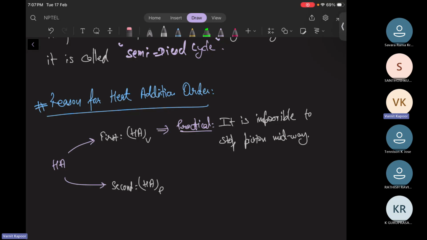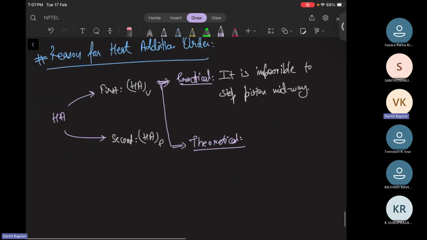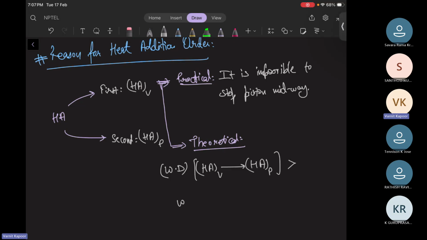In theoretical terms, the work done for heat addition at constant volume and then at constant pressure is greater than the work done for heat addition at constant pressure and then at constant volume.